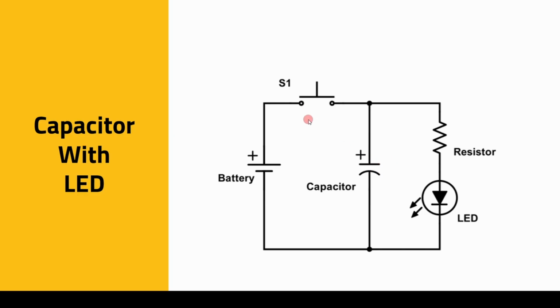Now what happens when you turn on the switch is the current flows through the resistor and the LED and turns on the LED, but at the same time it also charges up the capacitor to whatever is the level of the battery voltage, maybe 5 volts, 9 volts, 6 volts, whatever it is.